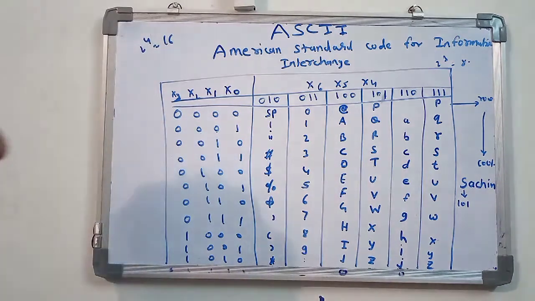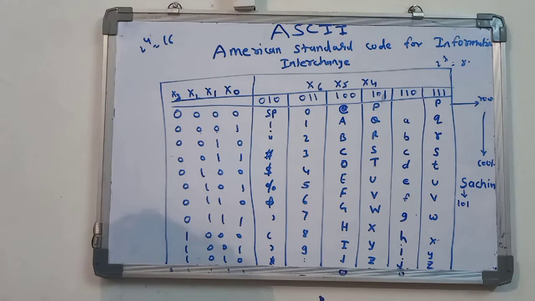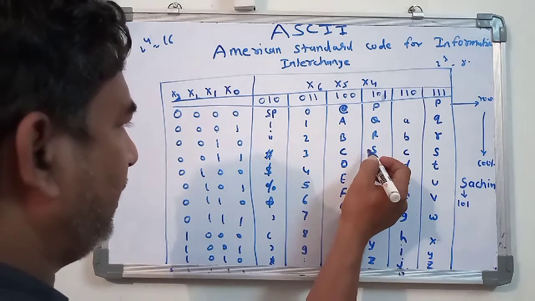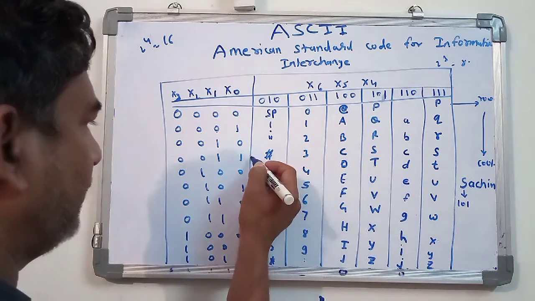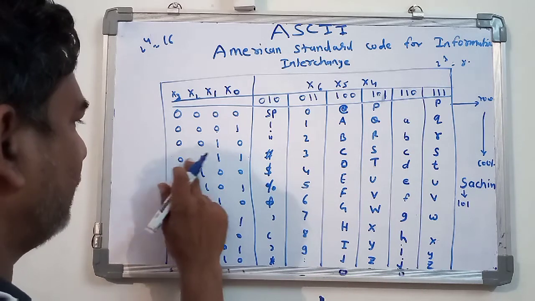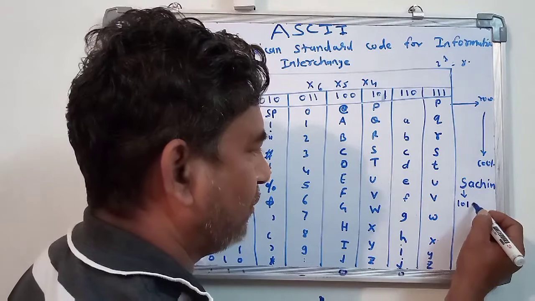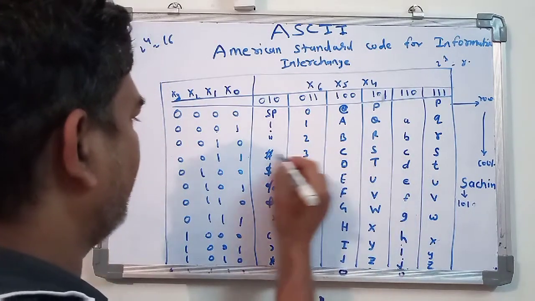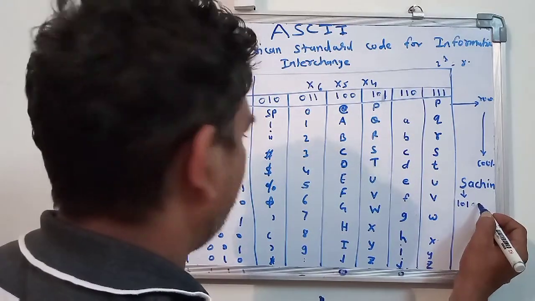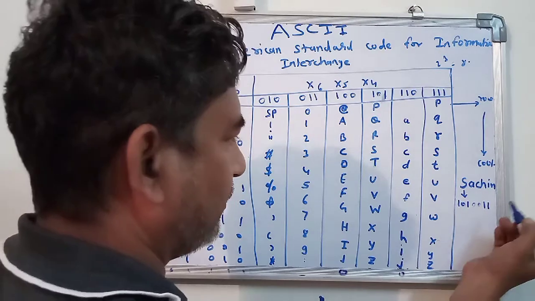Now this 101 is related with the row 0011, so you write down the 4-bit number 0011.